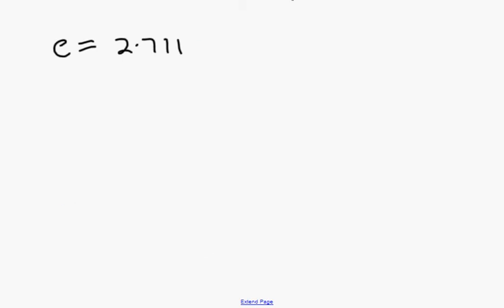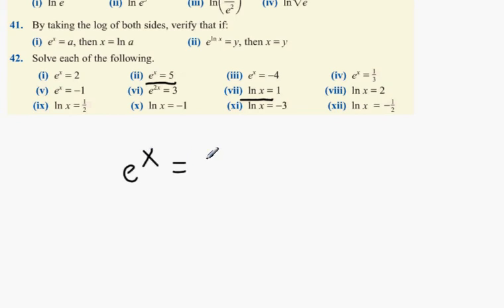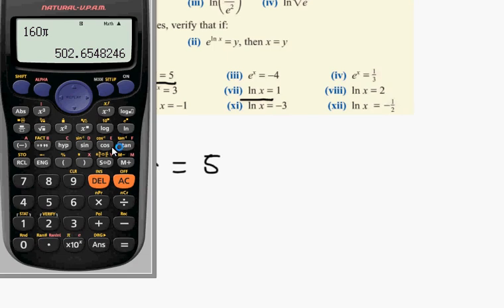Now, what we're going to do next is solve each of the following. Solve ln x equals 1, solve e to the x equals 5. I'll show you how to do this now. It wants to know what power of e will get you 5. On my calculator, you can see e above the ln button.